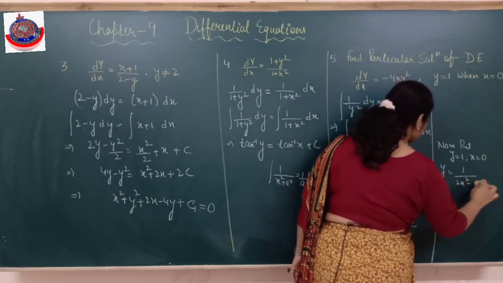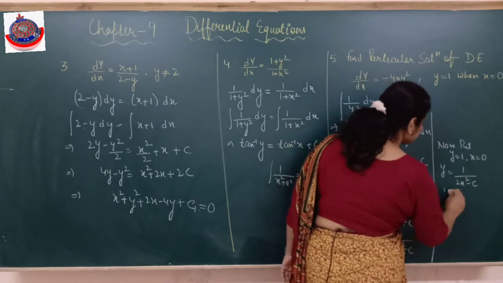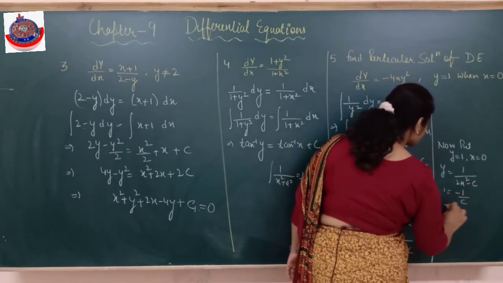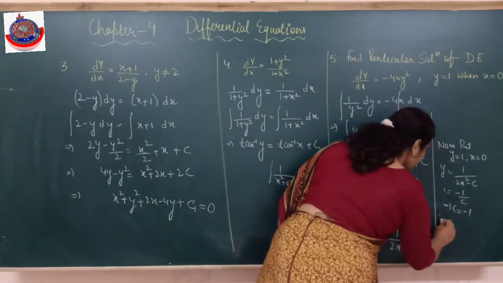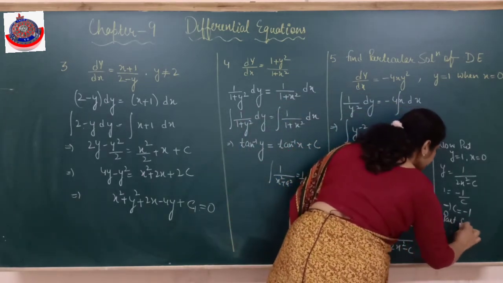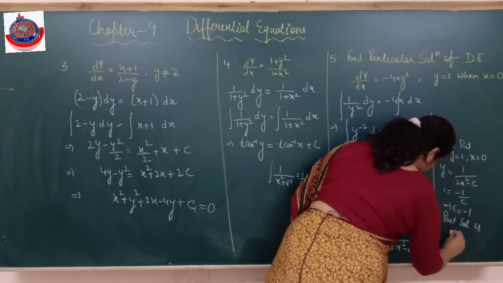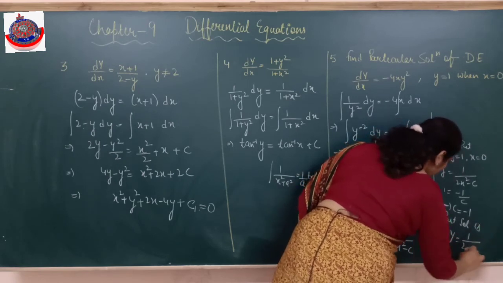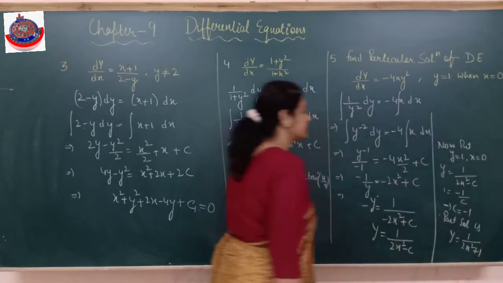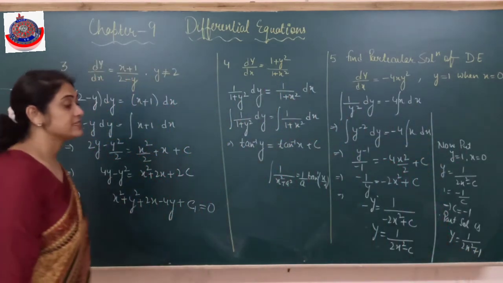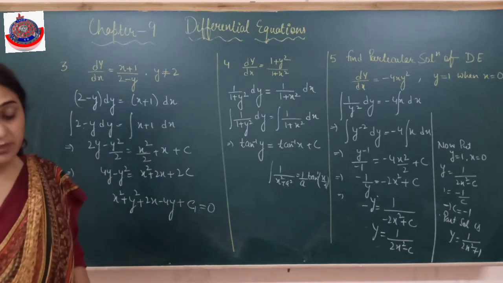In this, y is 1, x is 0, so c will become minus 1. Put the value. Therefore, the particular solution is y is equals to 1 upon 2x square, c is minus 1, so minus is already there, plus 1. Understood? y is equals to 1 upon 2x square plus 1.